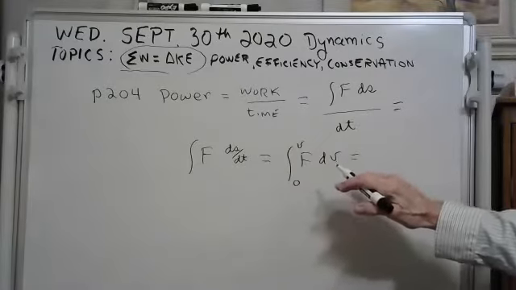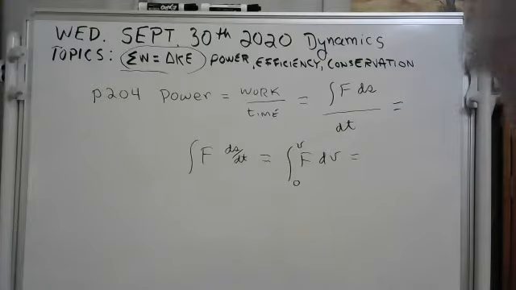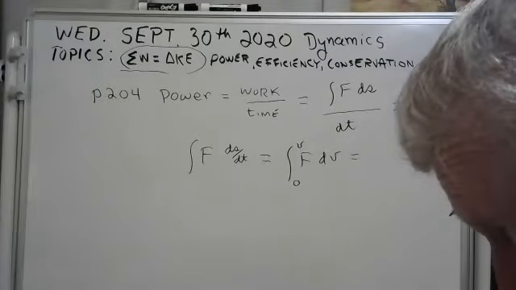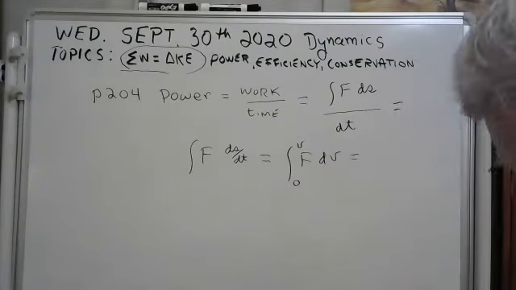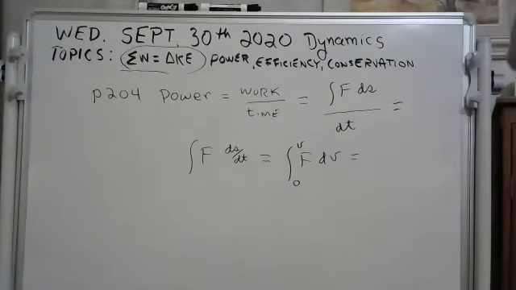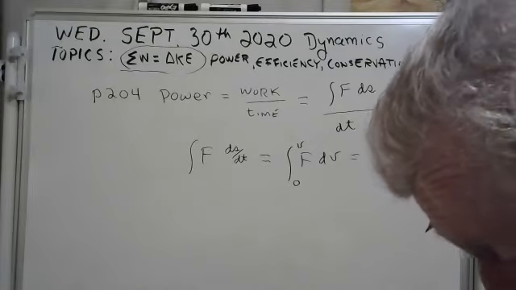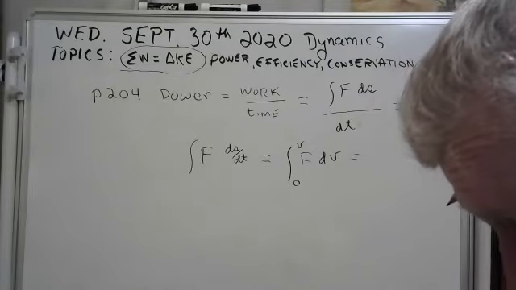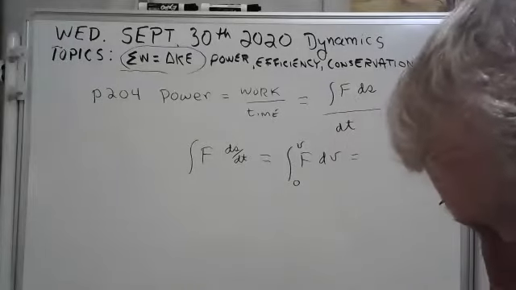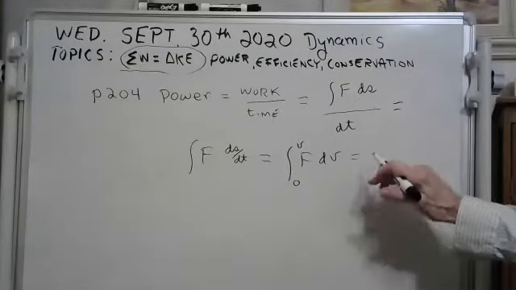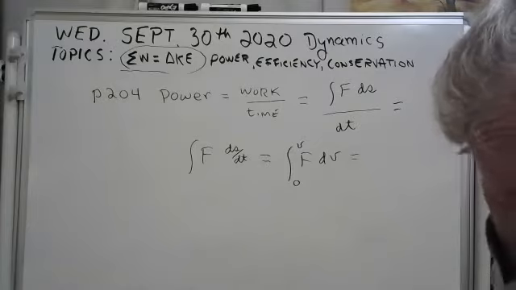And so if you're going from rest, from 0 to v, just a minute now, I'm getting confused here. What I want to come up with is just F times v.